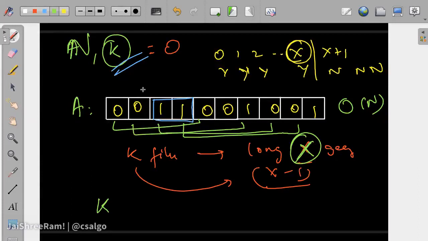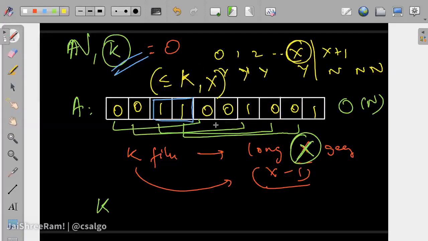So basically the problem boils down to: is there any range in this array of size x which contains less than or equal to k zeros? In that case, we can make x, right? Is this clear? This is what the check would be.